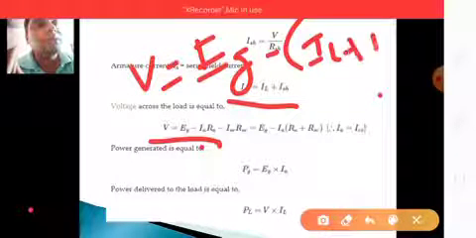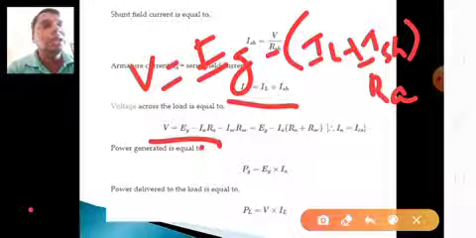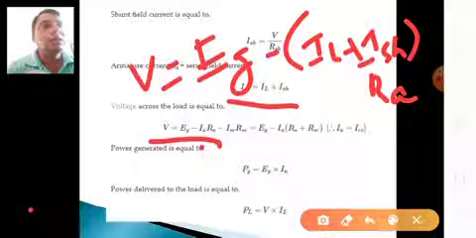So V equal to Eg minus (IL plus ISH) into RA, right? Again, V equal to Eg minus IL into RA plus ISH into RA. So that is the formula.